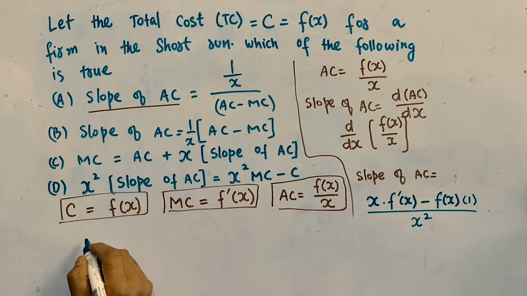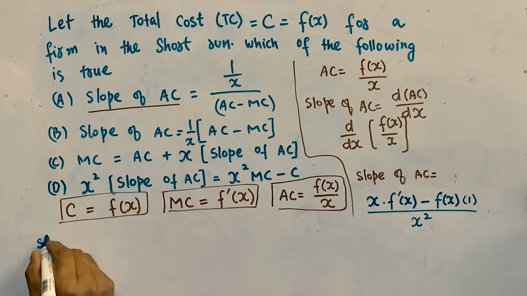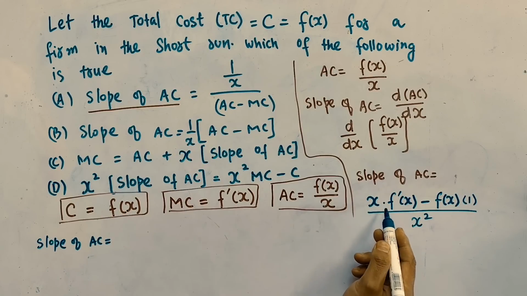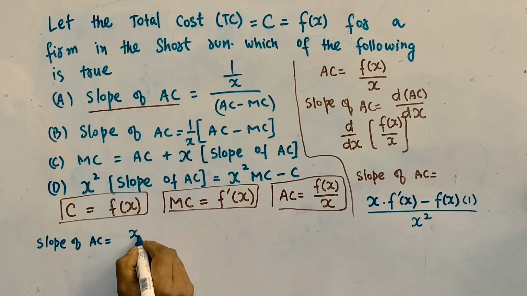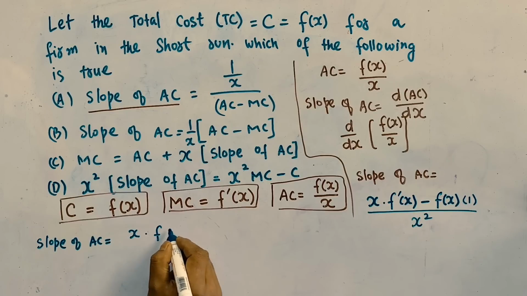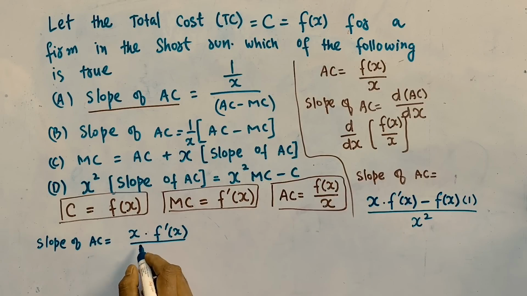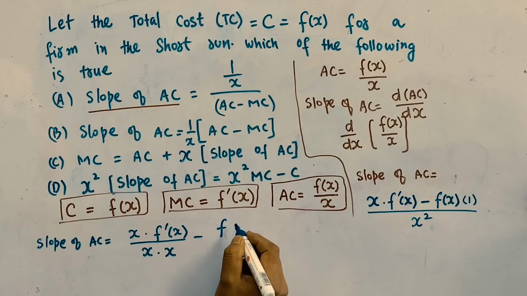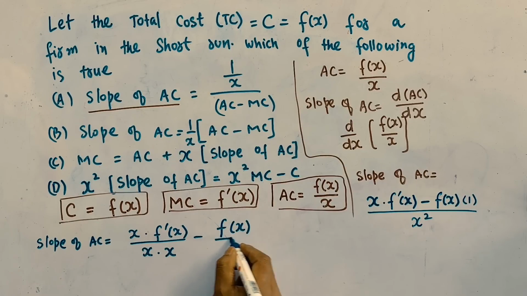If I solve it further, the slope of average cost will be equal to x times f prime x over x square, so let me write it like this: x times x. Similarly, let's expand the other term: f of x divided by x times x.